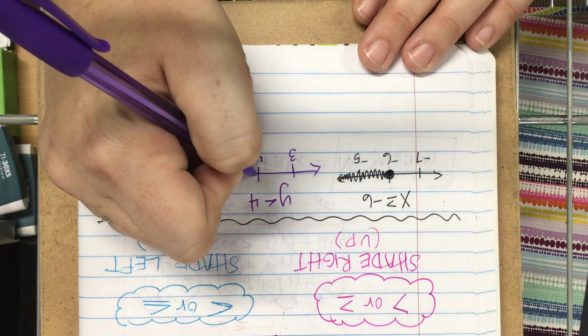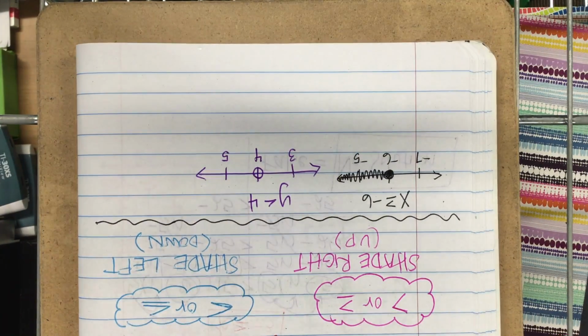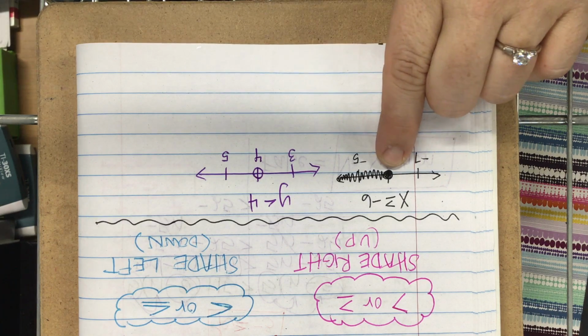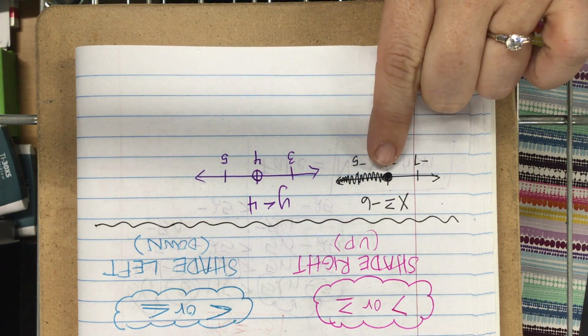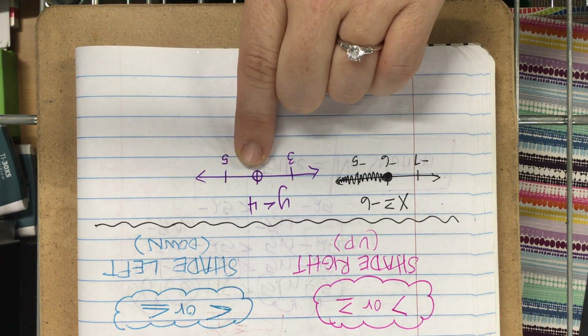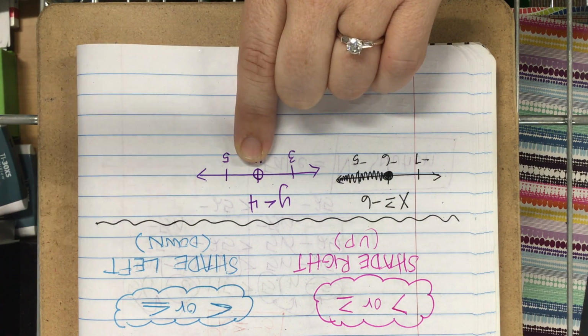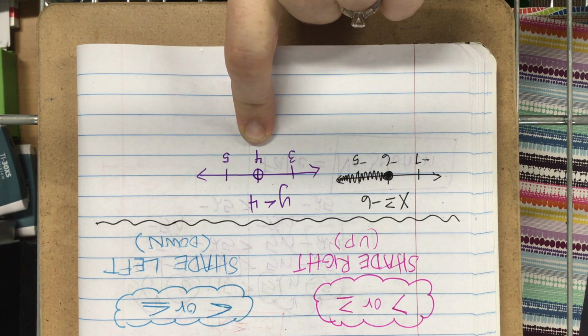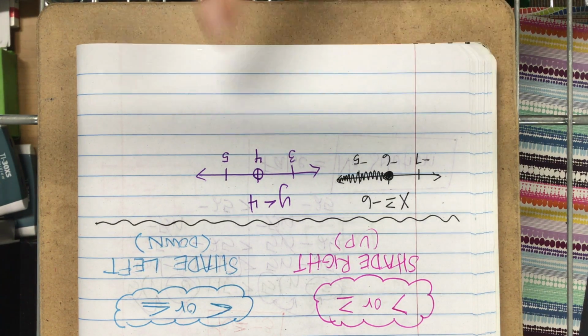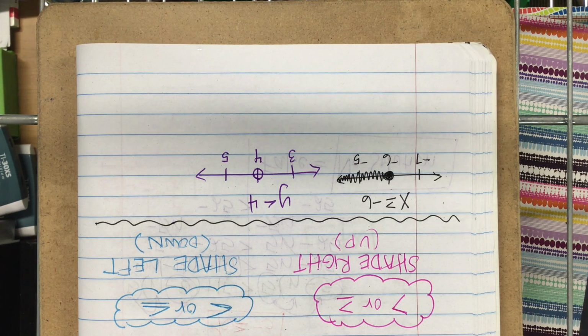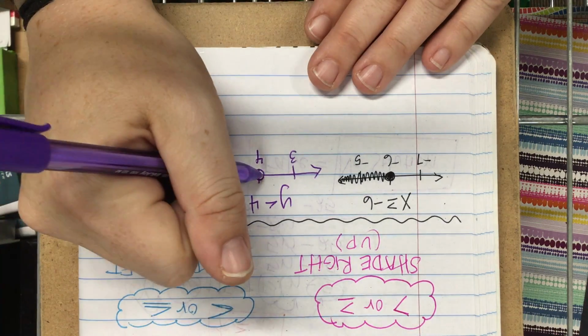So I cannot shade in 4, so I have to leave 4 open. 4 is not a solution. Over here, negative 6 could have been a solution, so I colored it in. But here, 4 is not a solution, so I draw a fence around it. Like, don't come in here shading. Stay out. Get off my yard. Right? Y is less than 4, so which way is it going to go? To the left.